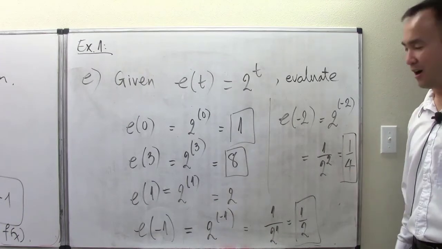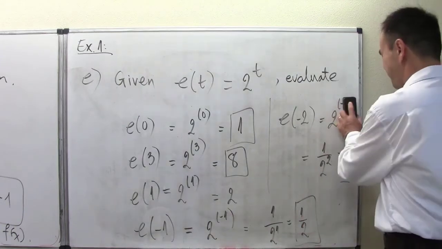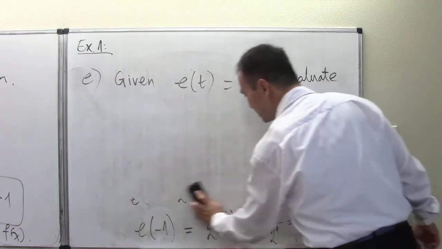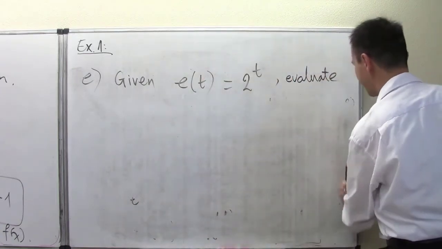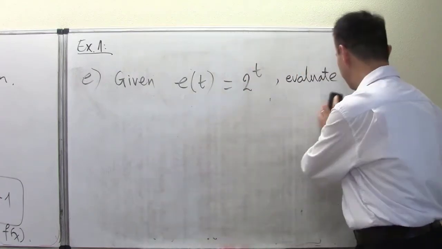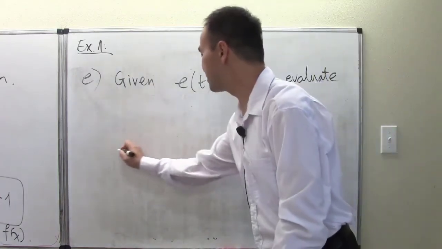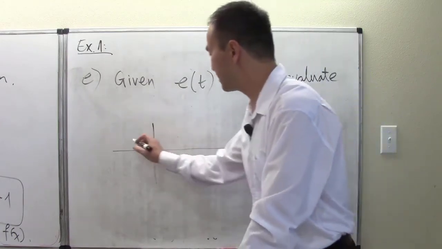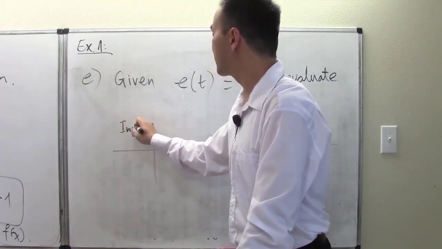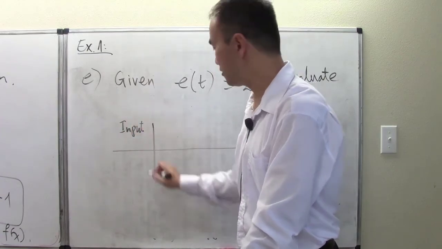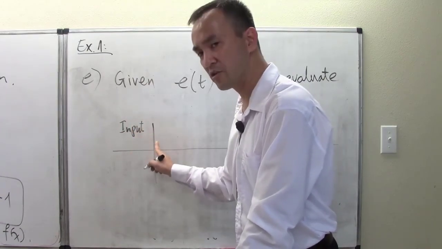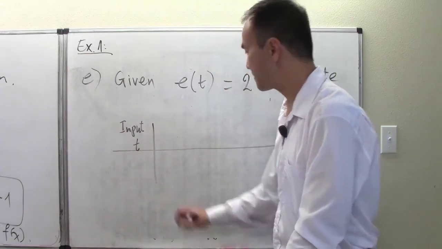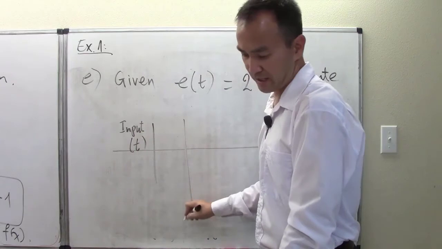Again, we have inputs and outputs easily calculated, so let's put all of these values in a table. I can go sideways because it's going to be a little lengthy. Input, does it always have to be on the top row? No. All the values for the input variable can be regarded as a variable t.